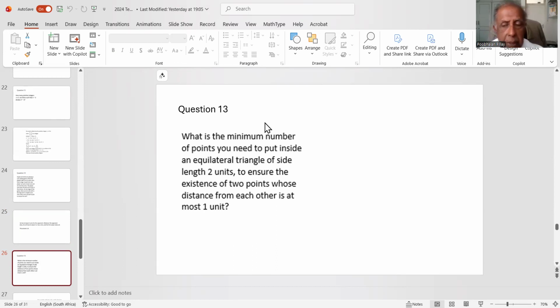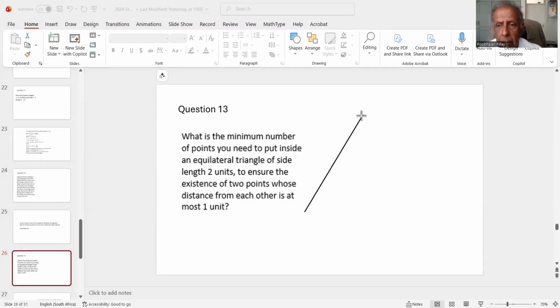Let's unpack this question. You're starting off with an equilateral triangle. All the sides and all the angles are equal. Now, how many points must you put inside here to ensure that there are 2 points?